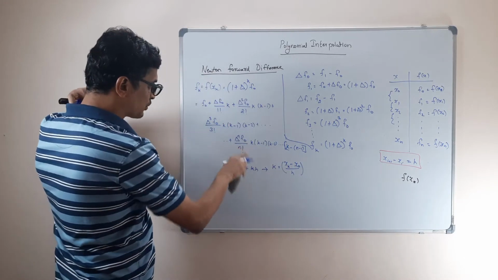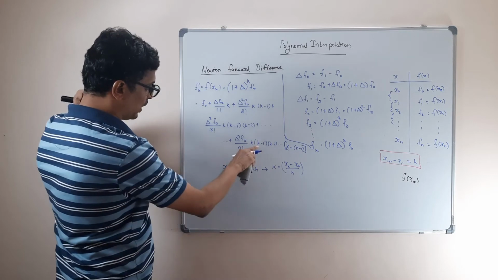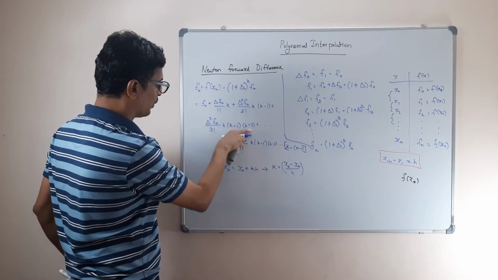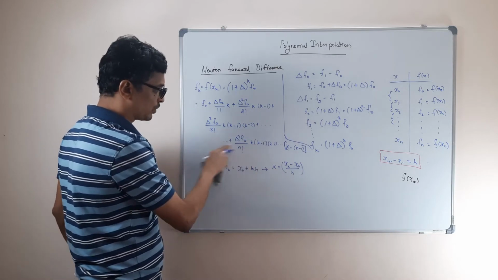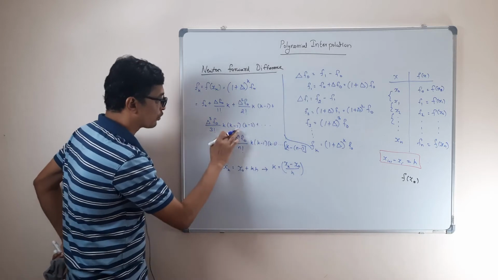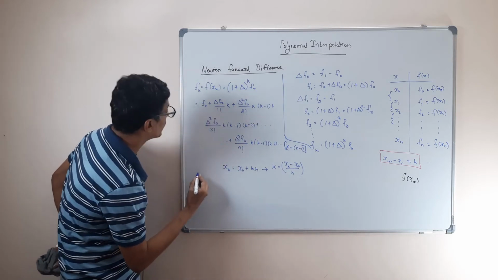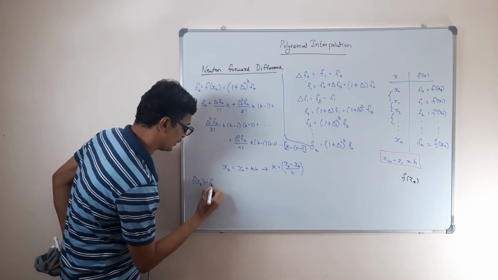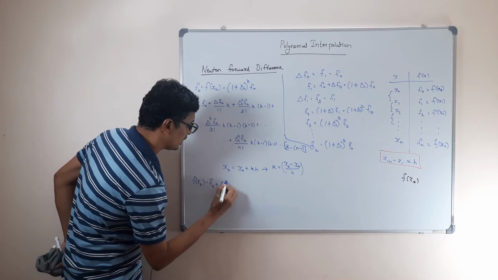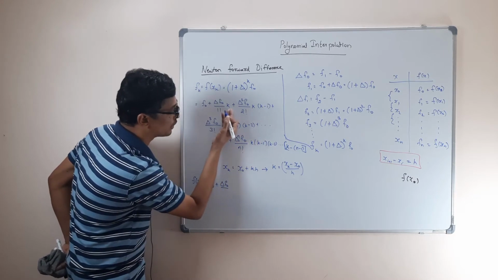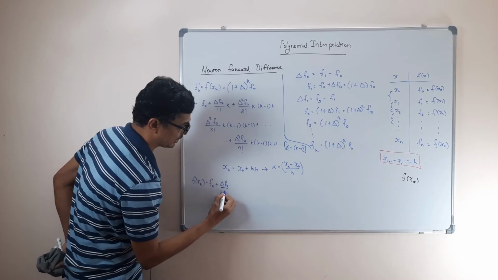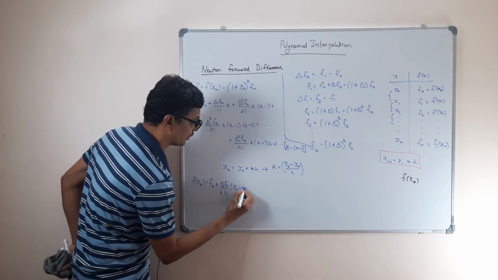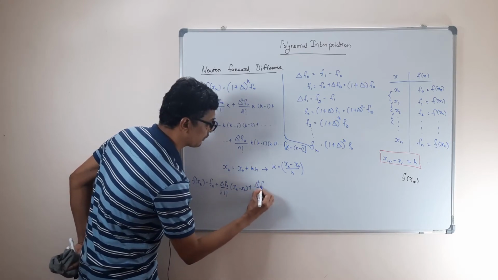So now let me substitute this k here. I substitute the value of k everywhere, and I want to take the h commonly outside. Since there is a minus 1, minus 2 and all, what we will get is f of xk will be equal to f0 plus delta f0, and there's only one k there. I'm going to take the h outside, h1 factorial, and this will be xk minus x0, plus del square f0.